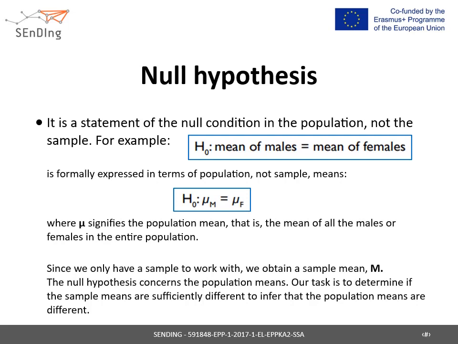In this formula the Greek letter mu signifies the population mean, that is, the mean of all the males or females in the entire population. However, we only have a sample to work with, so we obtain the sample mean, denoted by uppercase M. The null hypothesis we are so intent on rejecting concerns the population means. Our task is to determine if the sample means are sufficiently different to infer that the population means are different.